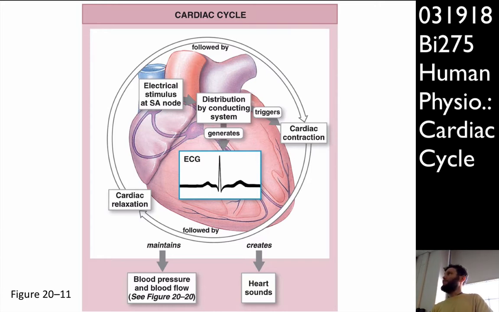It begins with an electrical stimulus at the SA node. They spontaneously depolarize, and this gets distributed along the conduction system throughout the heart. This is what initiates the cardiac contraction of the muscles.